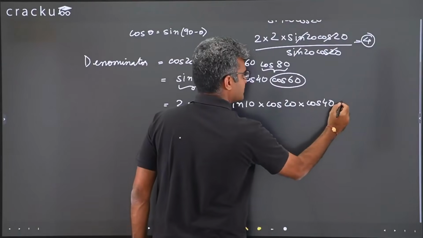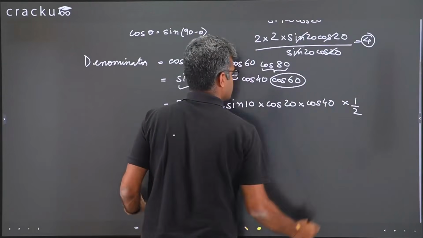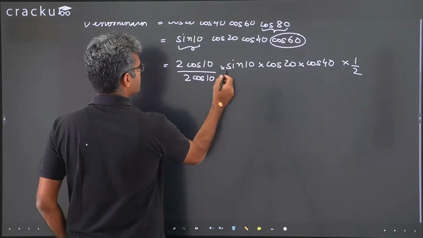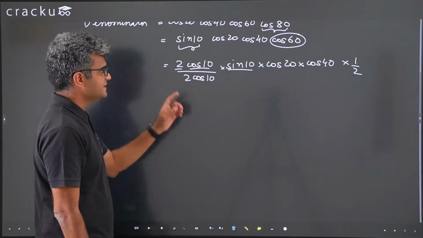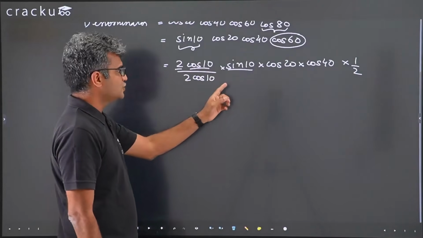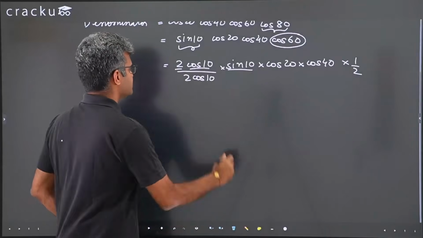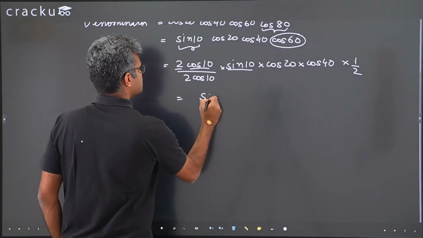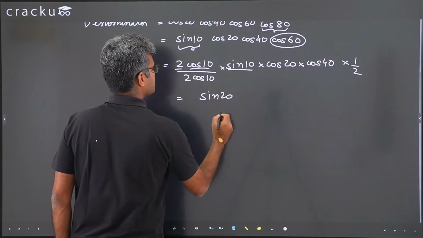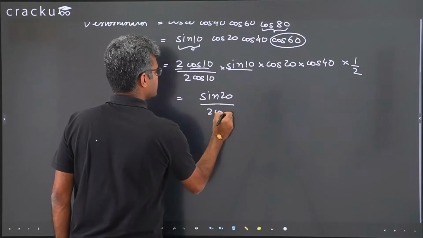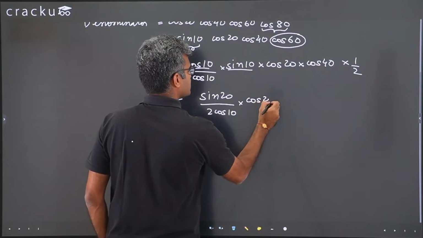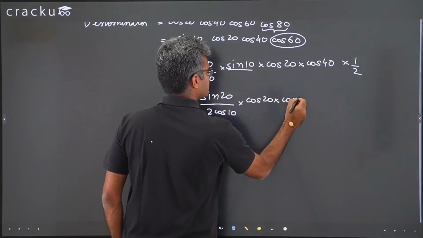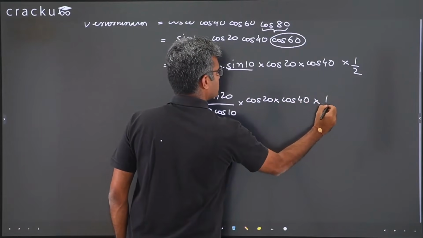Cos 60 is 1 by 2. This is important because 2 times sine 10 into cos 10 is equal to sine 20. This is the formula for sine 2a, which is 2 times sine a into cos a. So this is equal to sine 20 divided by 2 cos 10 into cos 20 into cos 40 into 1 by 2.